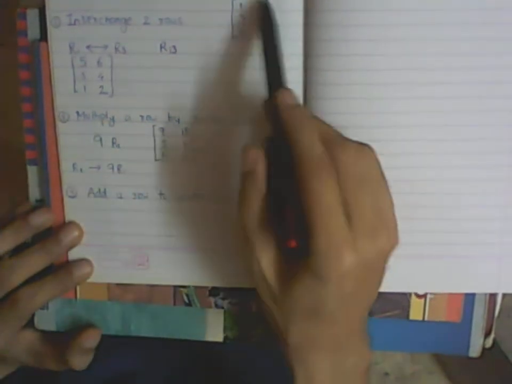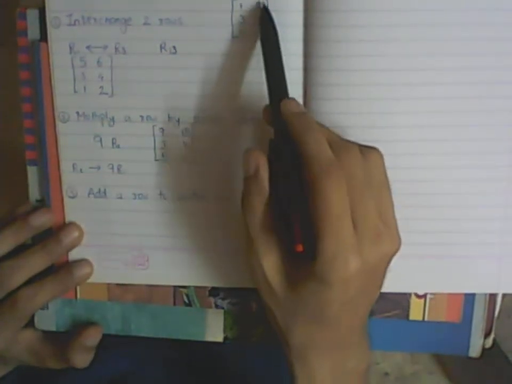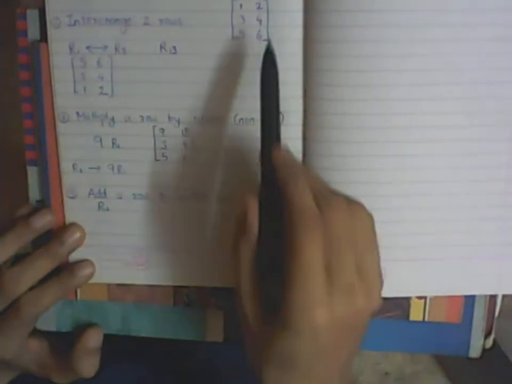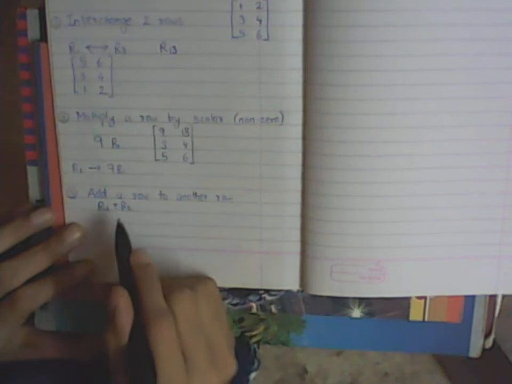One way to denote this is that I want to change the first row, because I'm adding the second row to the first row. So I have my first row written first, and what I'm adding to it is the second row, so I add R2 to it. This is the way to denote that you are adding the second row to the first row.